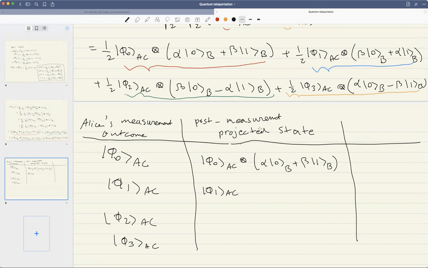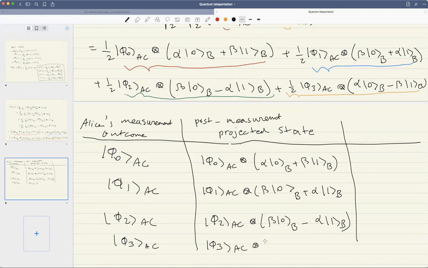So this is going to be this tensor beta 0 plus alpha 1. This measurement outcome gives phi 2 AC tensor beta 0 minus alpha 1. Finally, the last one gives phi 3 AC tensor with alpha 0 minus beta 1.